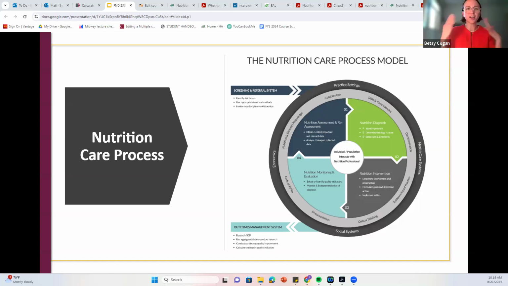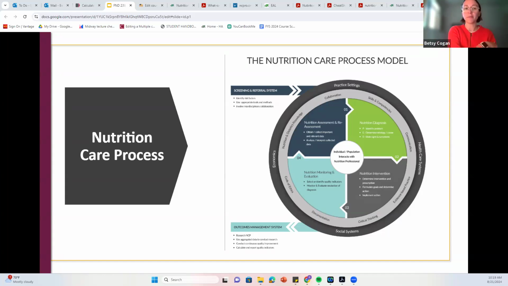Let's put on our dietitian hat and get a good understanding of how we as dietitians can help support the outcomes of those that we interact with by using the nutrition care process, or NCP.